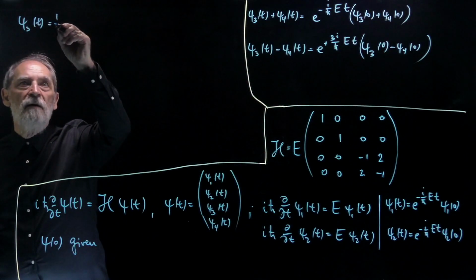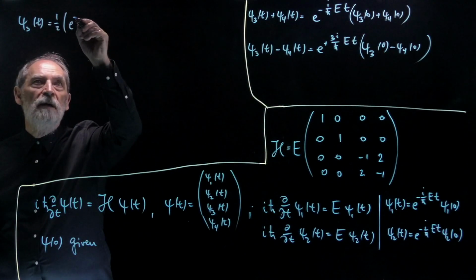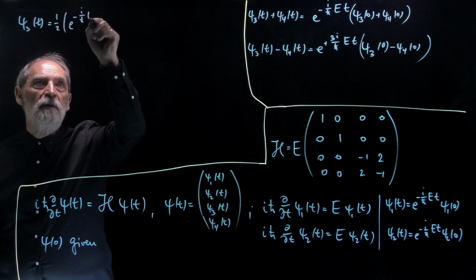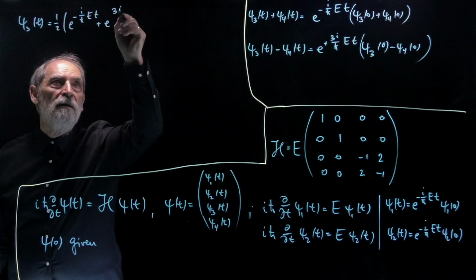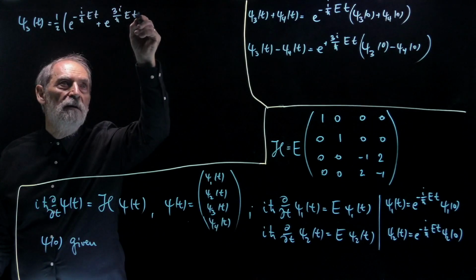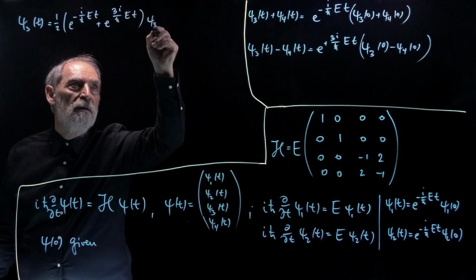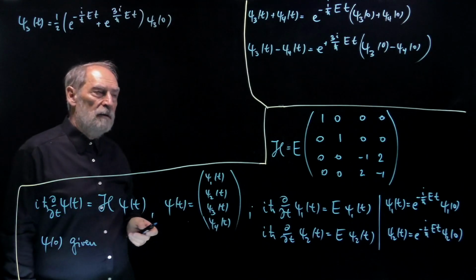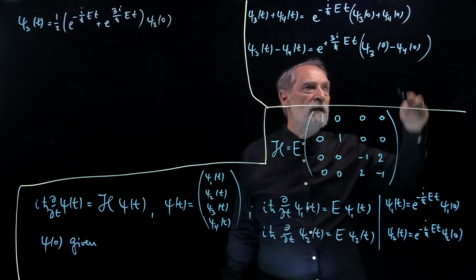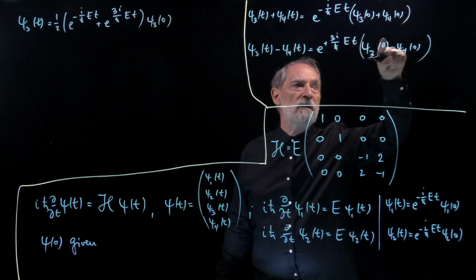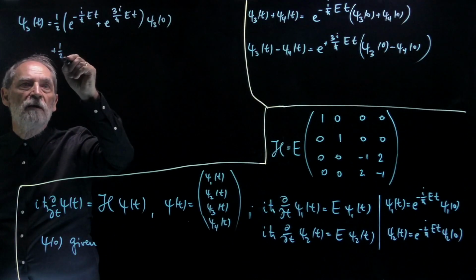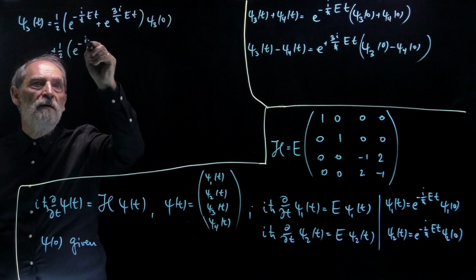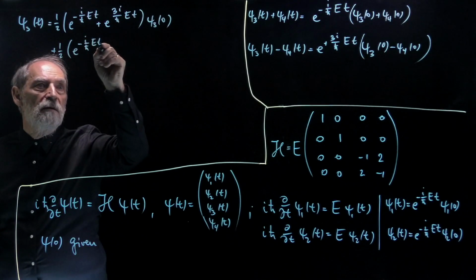So we have half of e to the minus i divided by h bar et plus e to the 3i divided by h bar et multiplying psi 3 of 0. And for the psi 4 of 0, well, there is this minus sign, which means that we have a minus sign here.